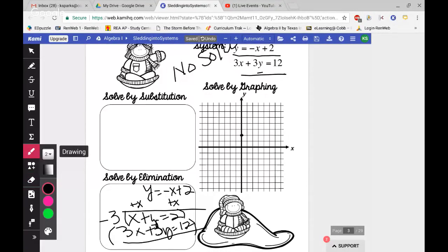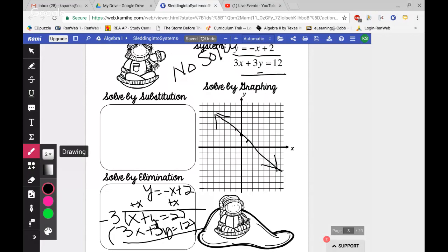That's your y-intercept right there. Now you've got a -1 slope, so I have to go one direction positive and one direction negative. If I go up one, I'd go left one. If I go down one, I would go right one. Like that. Okay.